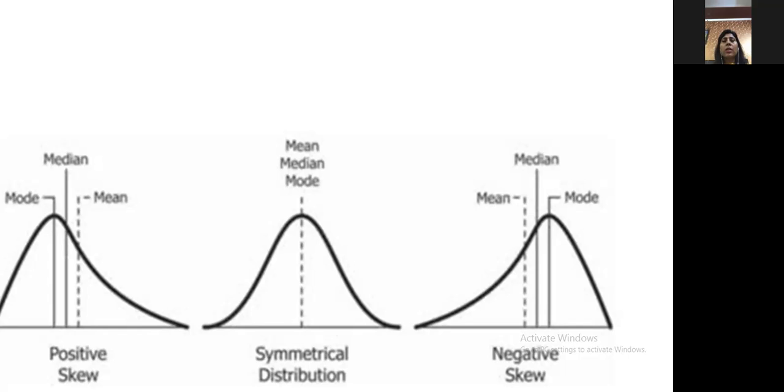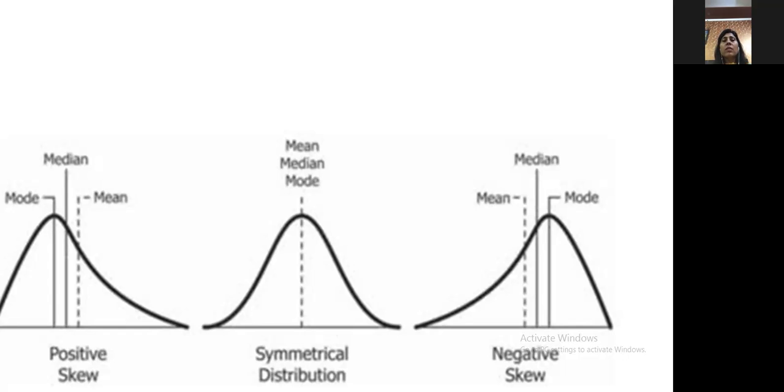But in the right side curve and the left side curve, you will see that the tail of the curve is extended. This is the thing which differentiates the normal curve from these curves, and this distortedness in the curve is called skewness. So positive skewness and negative skewness are the position of the curve, how they are changing, how the distribution of the data is occurring in the distribution curve.